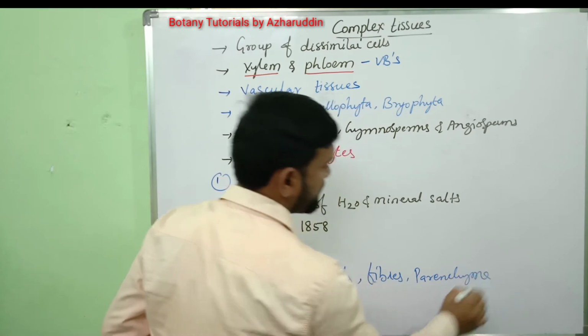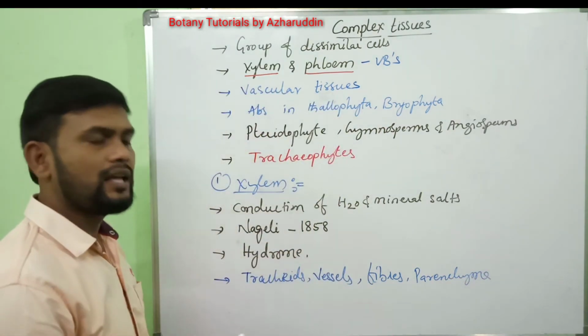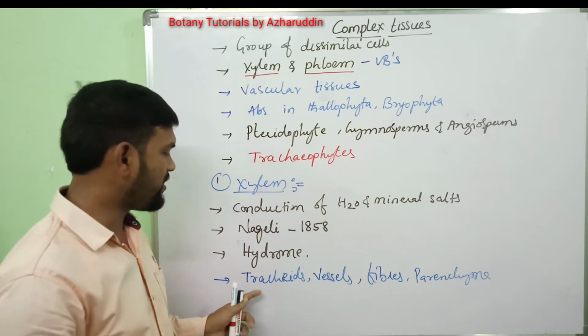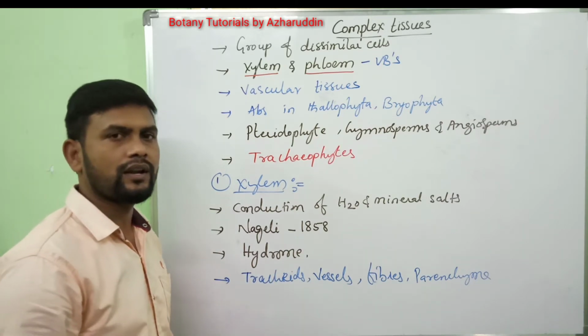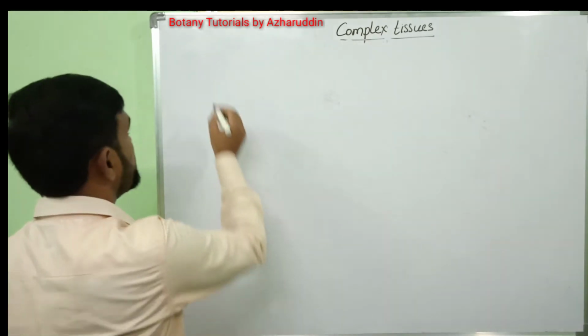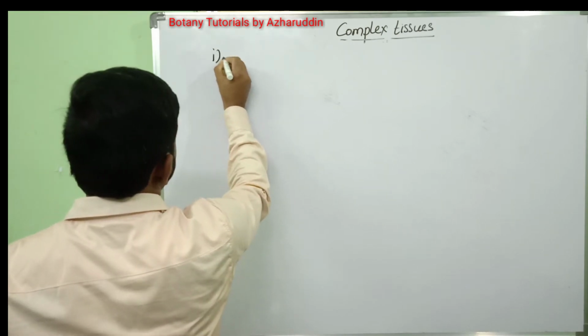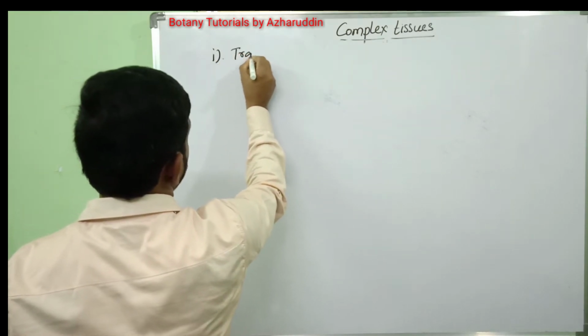These four types of elements are present in the xylem. Now I will discuss them one by one.